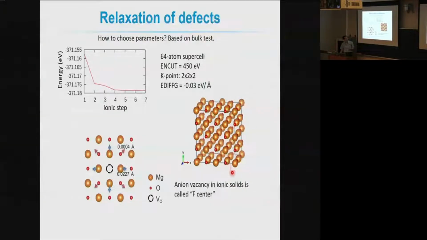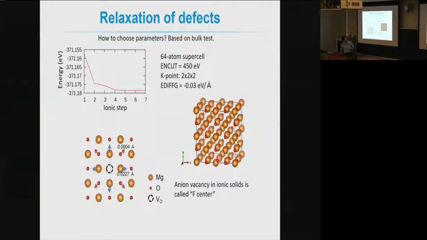Okay, so this supercell typically depends on the computation or the defect type, but it's better to take the smaller supercell. But the smaller supercell always has an artificial interaction between the defects. Therefore, sometimes it gives you the wrong result.